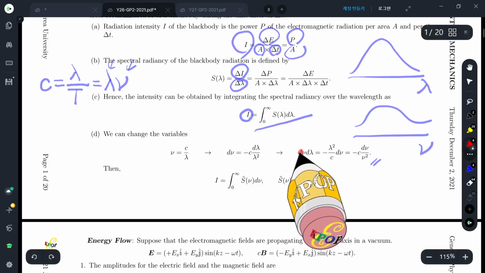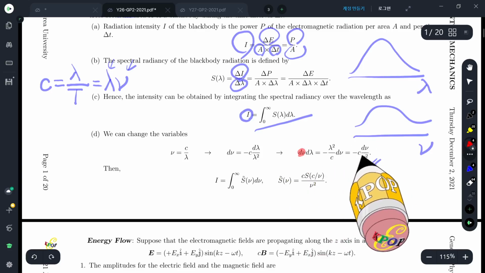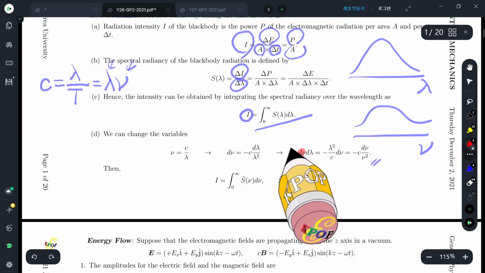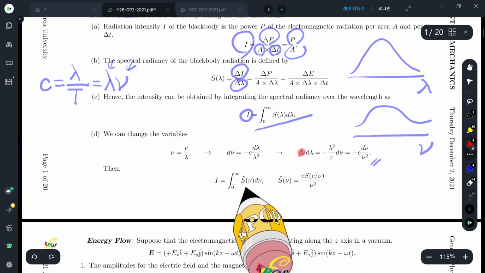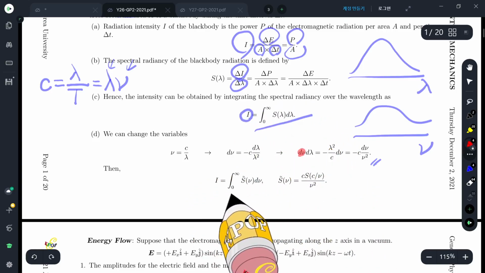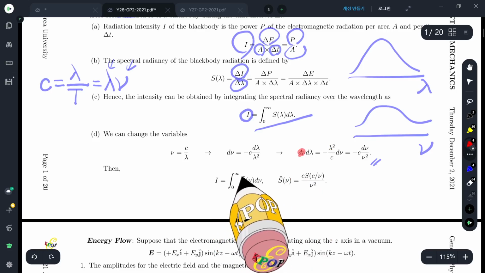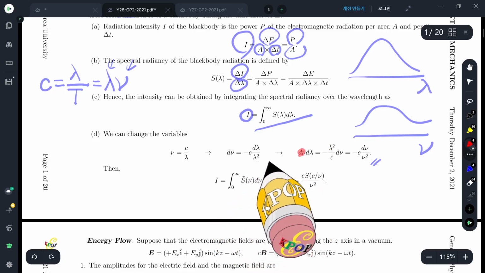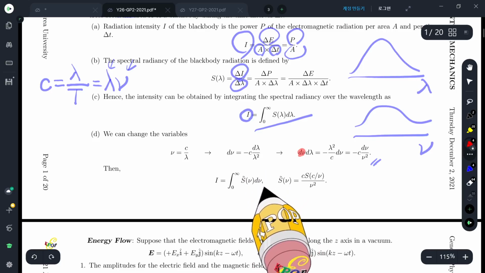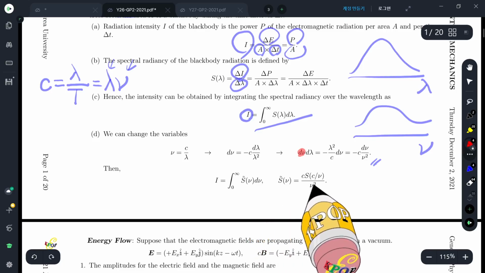We have to remove this one. So after substituting this relation into this integral, we can rewrite the integral over the wavelength in terms of the integral over the frequency. And this tilde is the spectral radiancy depending on the frequency. And the explicit form can be found in this form.